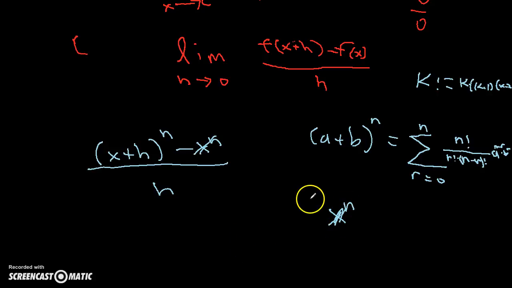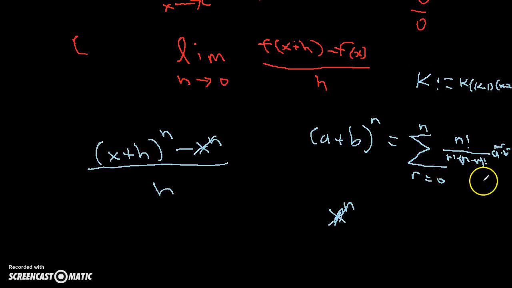get rid of that. The second term, n factorial divided by r factorial times (n minus r) factorial. So it's going to be n minus 1 factorial times the factorial of 1, which is just going to be 1. And 0 factorial is just equal to 1.